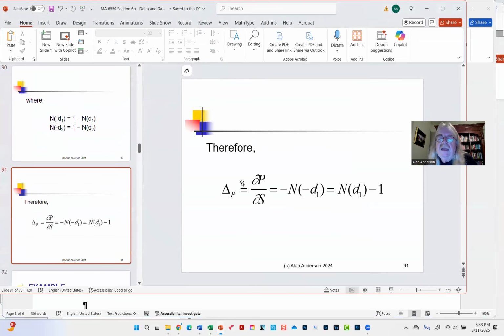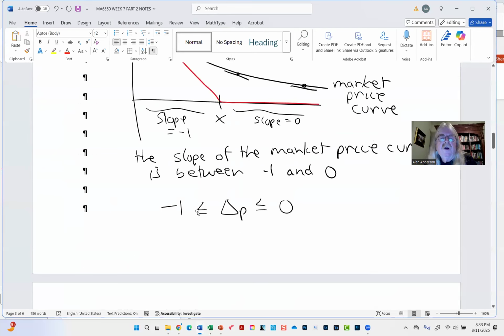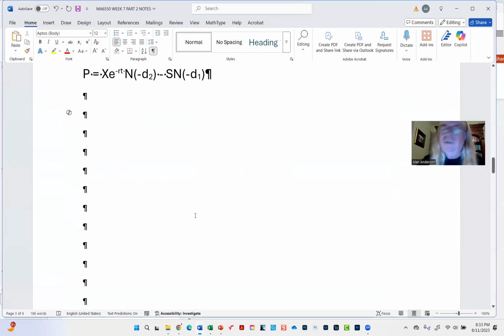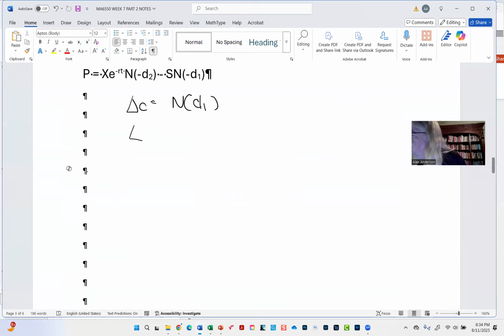So therefore, I forgot to write down here, delta C is N(d1). Delta P is N(d1) minus 1. Okay.